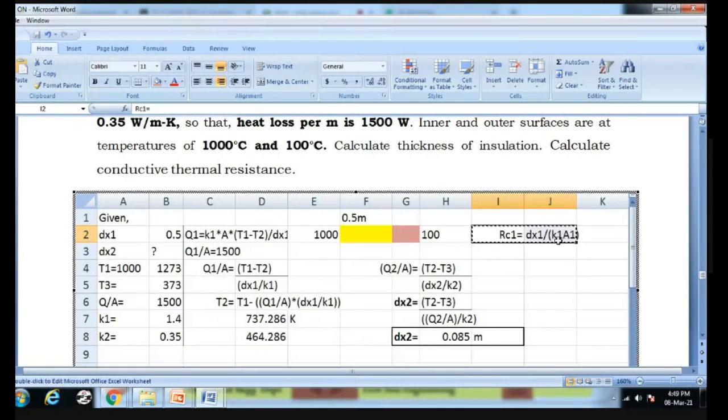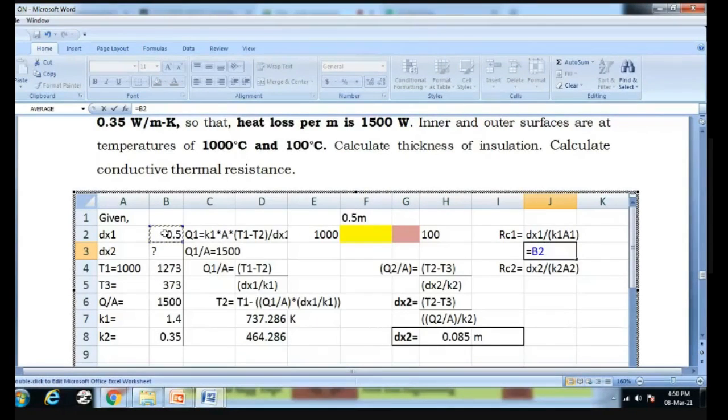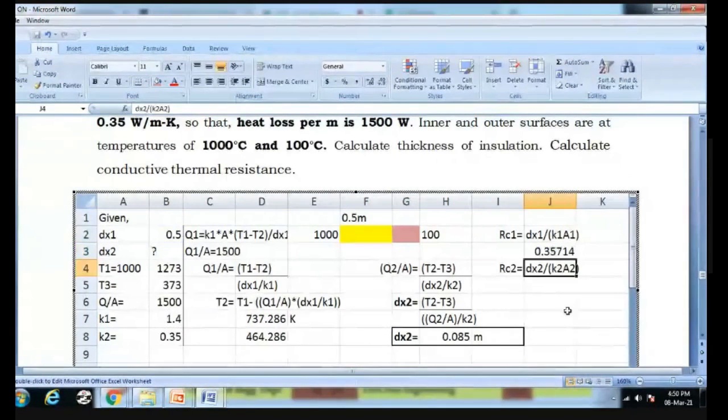This is RC1, मतलब thermal conductive resistance for the first thickness. For the second insulation layer, dx2 you take, K2 you take, and area also you take. Area will remain the same, unity you consider. dx1 is 0.5 divided by K1, A1 is anyway 1. This is the answer for RC1.